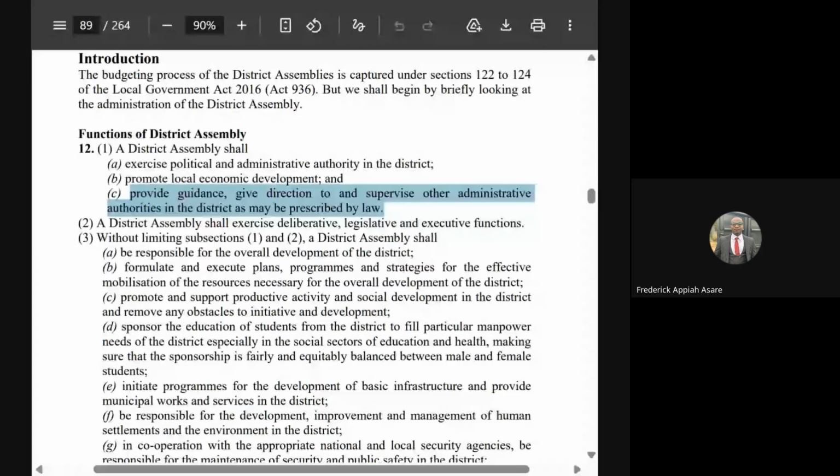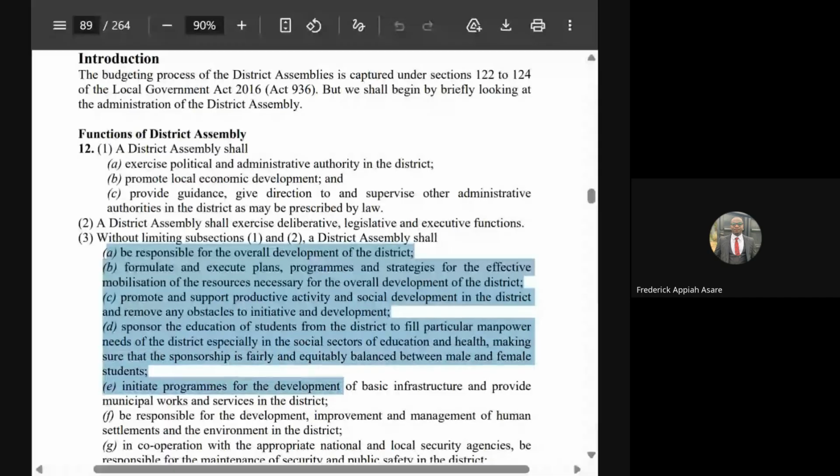Also, district assemblies exercise deliberative, legislative, and executive functions. So all these functions, the district assembly also exercises in its deliveries. And without limiting subsections 1 and 2, so aside from these 1 and 2, these are some of the responsibilities of the district.